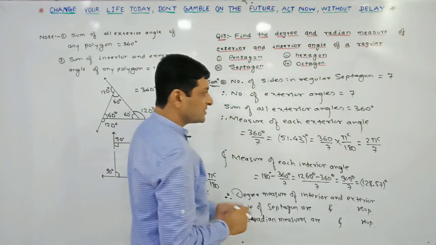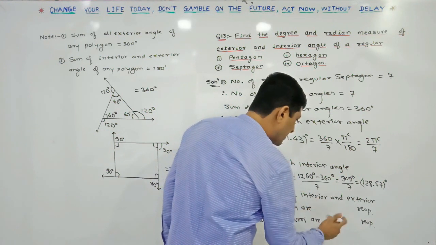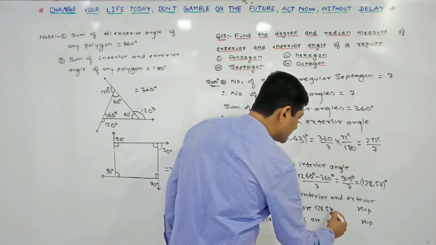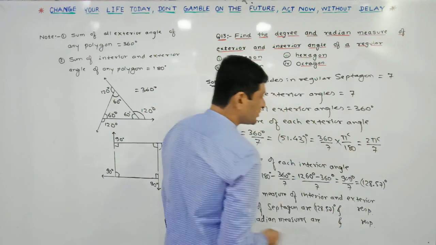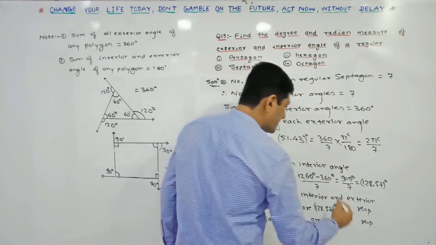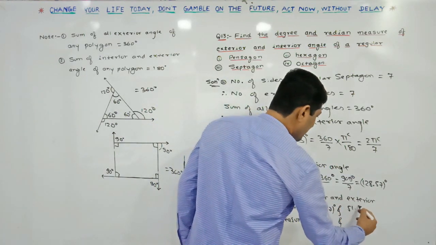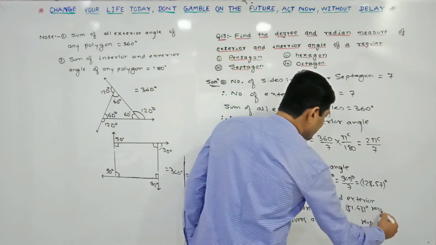are as follows. What is the degree measure of the interior angle? 128.57. This is the interior angle, and the exterior angle is 51.43 degrees respectively.